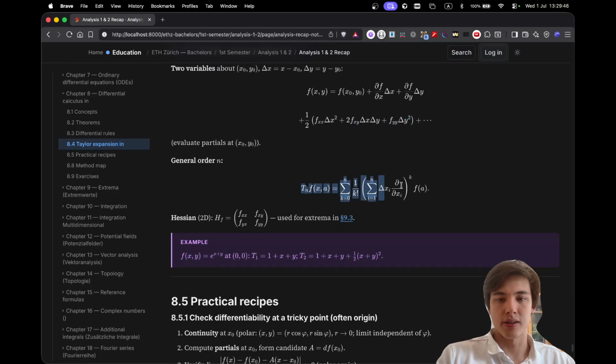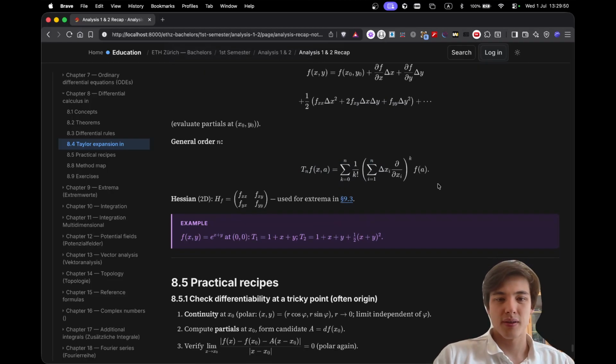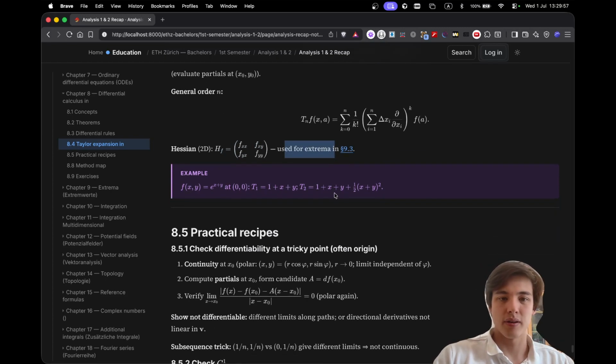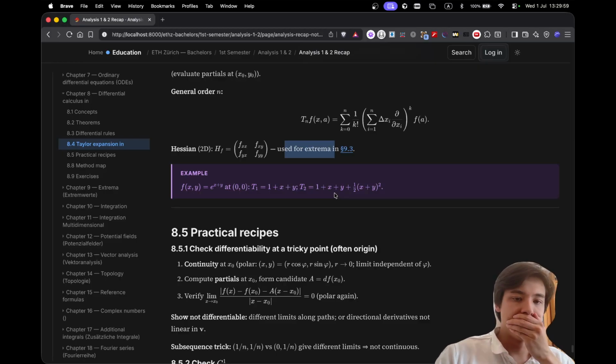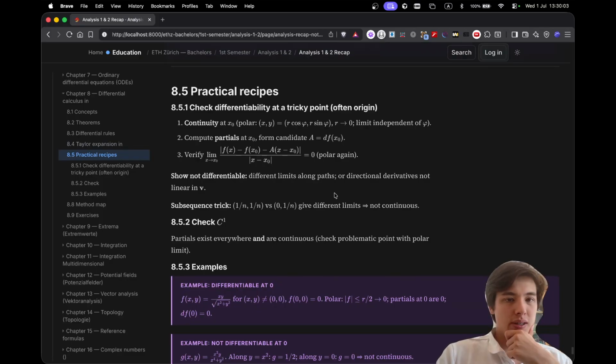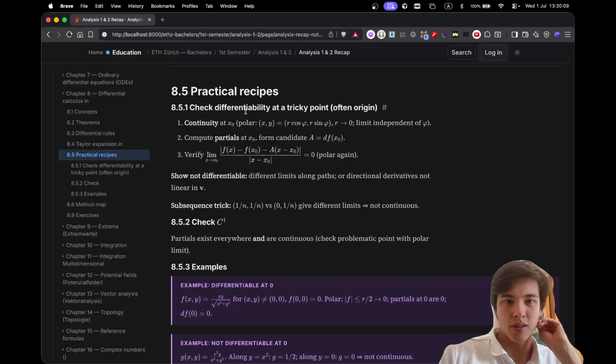Oh yeah, here's the general formula. The Hessian, oh no, that was the Hessian. Practical recipes, check differentiability at a tricky point. Usually it's the origin, continuity.